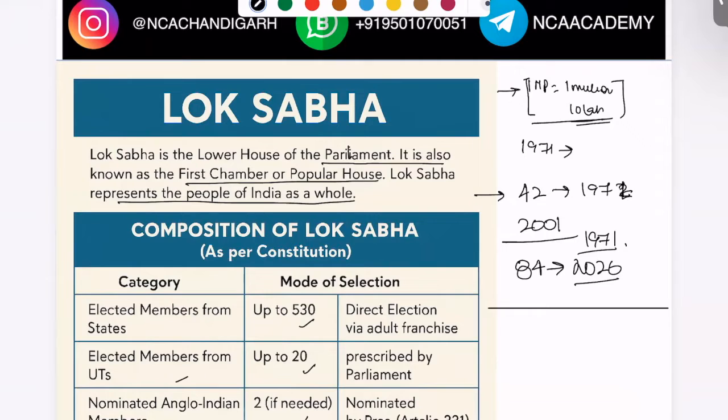So are we getting punished for producing fewer children? Same will happen with Punjab, Himachal, Haryana. The seats are going to get reduced. Who is going to increase the seats? UP, Bihar, West Bengal, which other? Rajasthan, Maharashtra. These states are going to increase. All the south states are having a problem.